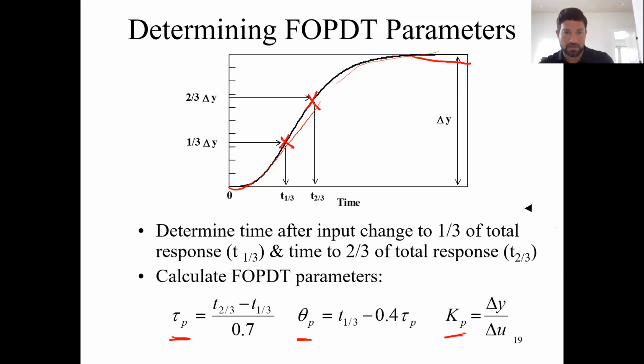Then we can read down to the time axis and calculate the time to get to 1/3 and 2/3 of the change. Based on these time values, we can determine tau P and theta P. The tau P of the process is this difference divided by 0.7. Then theta, the dead time, would be shown here. And so the model for this response would be G of s equals the same thing that I wrote on the previous slide.